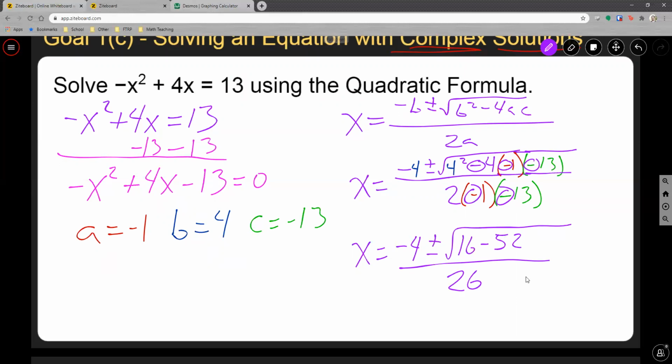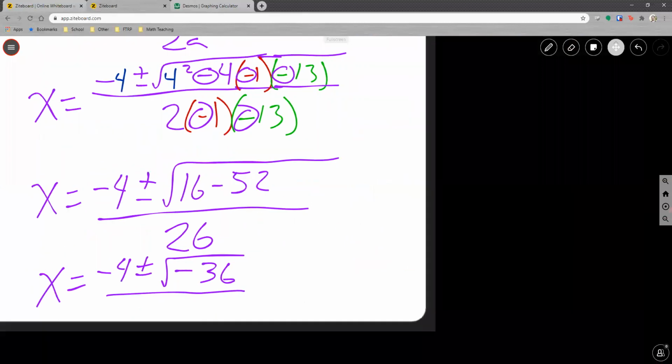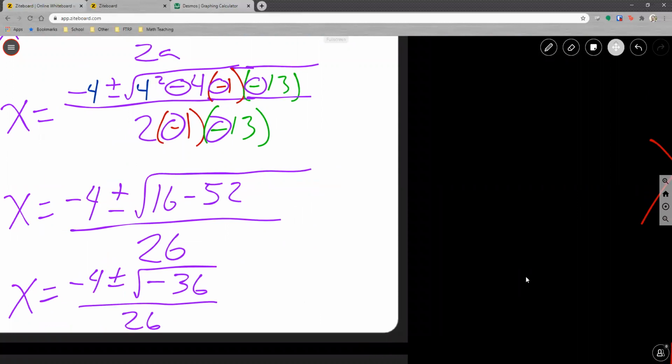Let's see if I can clean it up some more. X equals -4 plus or minus, 16 minus 52 is going to be -36, all over 26. Zoom in a little bit. So to finish this out, I've got -4 plus or minus the square root of -36.